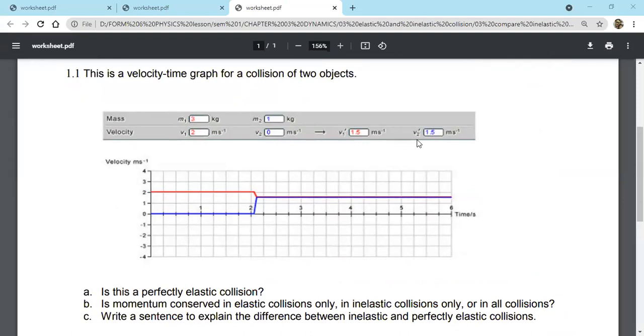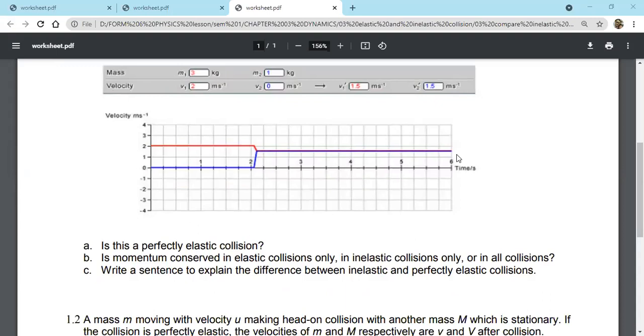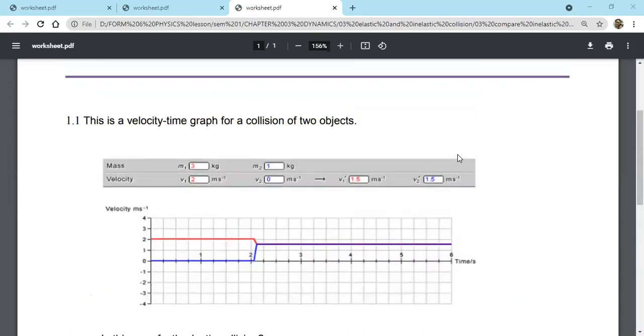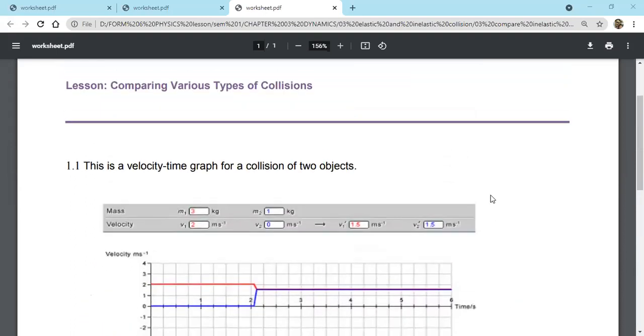After the collision, both move with the same speed of 1.5 m s^-1. Whether it is perfectly elastic or not, we must find out the kinetic energy.